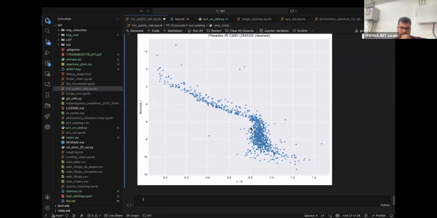But my guess is these are low mass stars, and they are probably getting hot or something. Its luminosity increases.